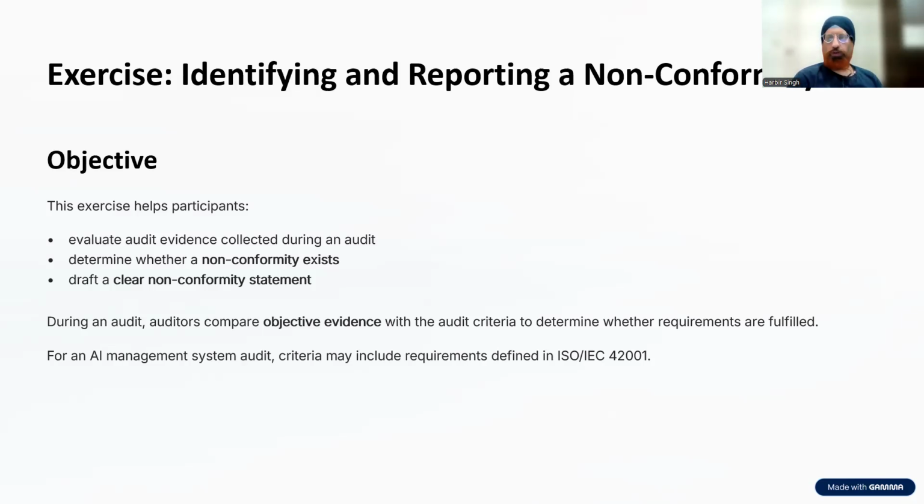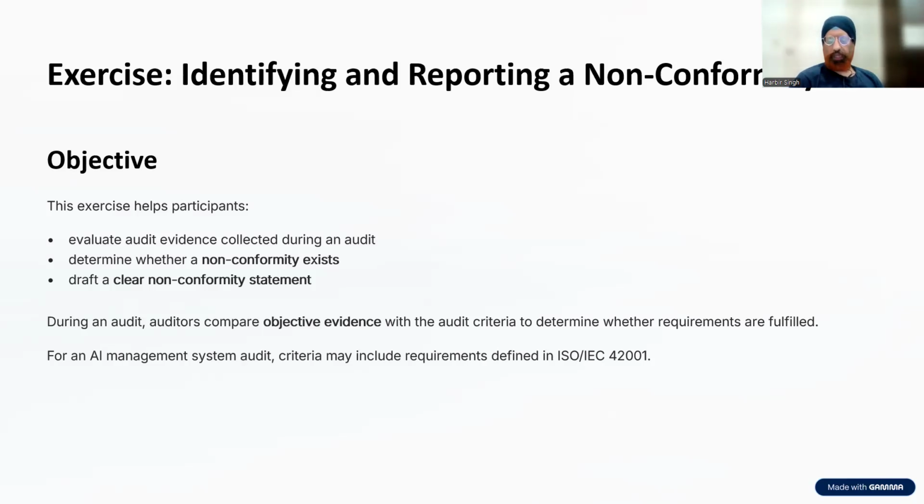Within the outcome, there could be conformities and non-conformities. Non-conformities literally mean some behaviors of the AIMS which are non-compliant, which are not in line with what was expected. So it's a very interesting interactive exercise about how we identify and report the NCs, or non-conformities.